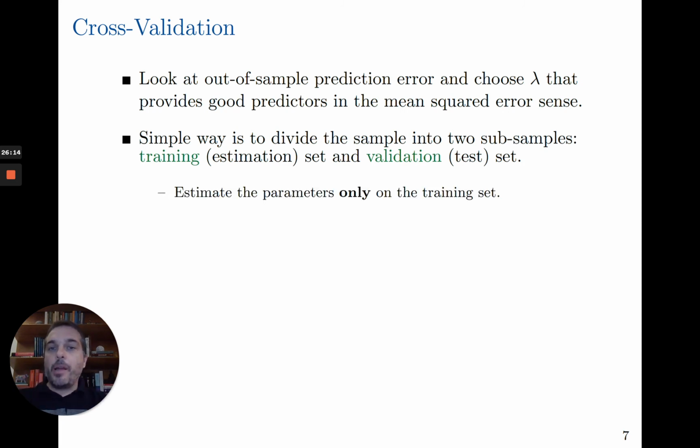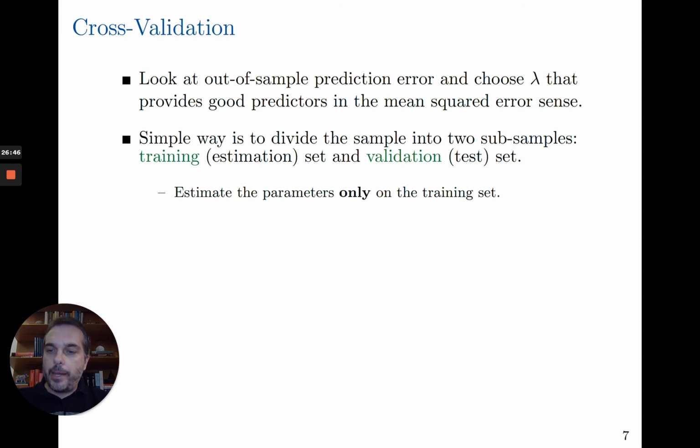So you estimate the parameters only using the training set. The other observations, you lock them in a safe. Don't use them, don't see them. Just take the first set and use it to do all the modeling techniques that you want, all your tricks, and run all your estimation algorithms, but only looking at the first sample. The second sample is forbidden to you at this stage.